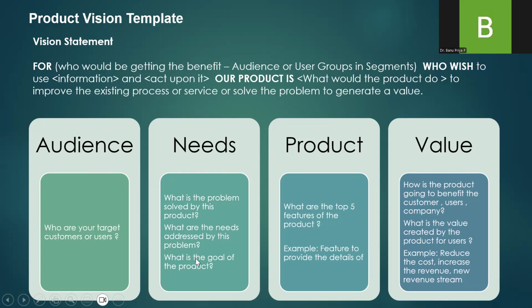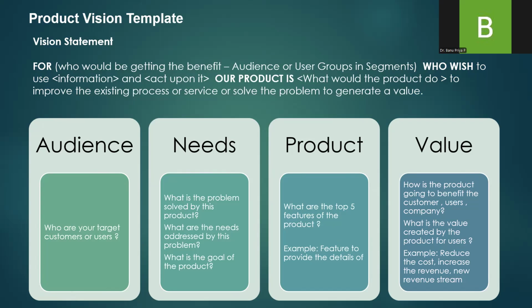What is the goal of your product? The next one is product. What are the top 5 features of the product? The next is value. What is the value created by the product for your users? How is the product going to benefit your customers, users, and company? So always your vision statement should cover all these four things: audience, needs, product, and value.